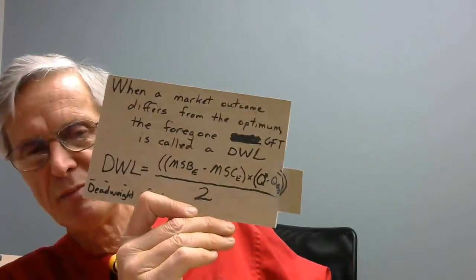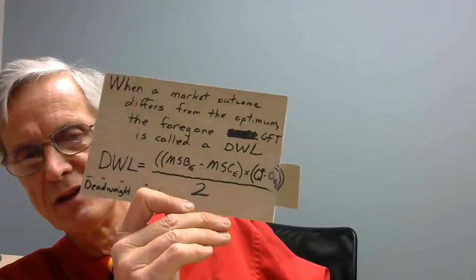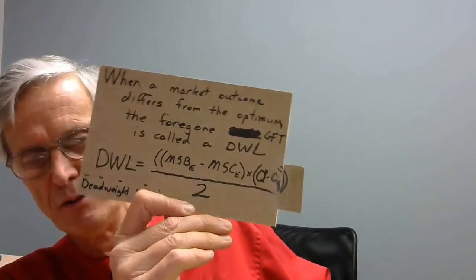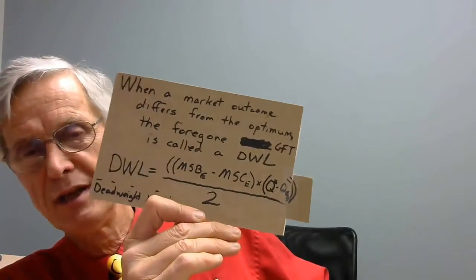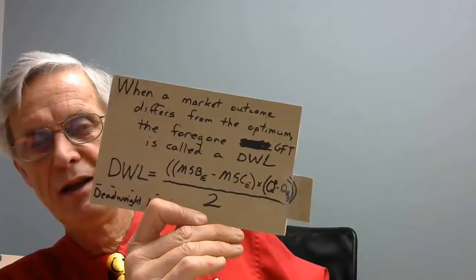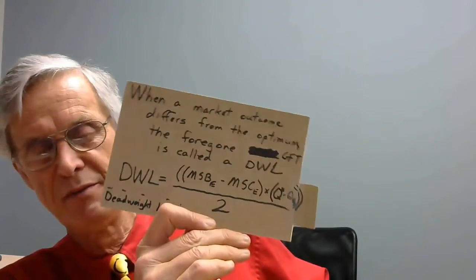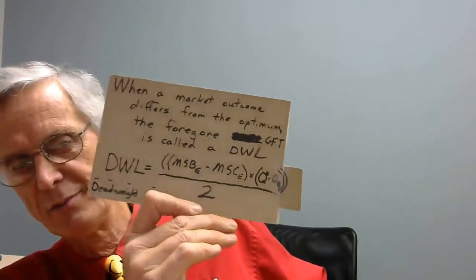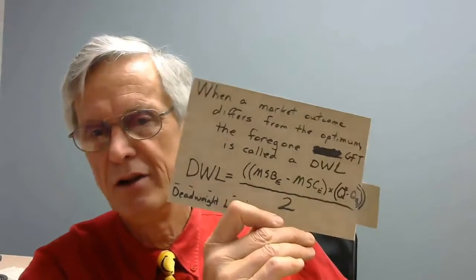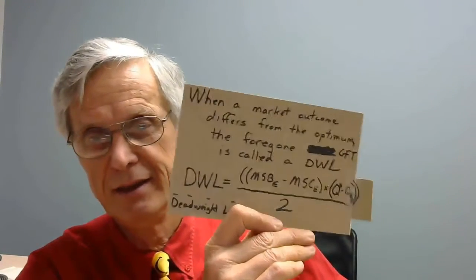Remember, so far MSB and MPB have been the same, and so have MSC and MPC. But when they do differ, the optimum will differ from the market outcome, and there will be some foregone gain from trade, and that calls sometimes for a government fix. Until the government fix kicks in, if there is one, we have what's called a DWL, not DWI, dead weight loss. And there it is.